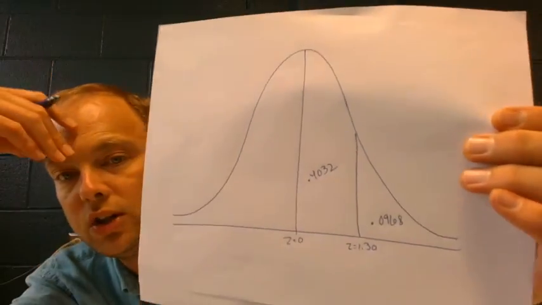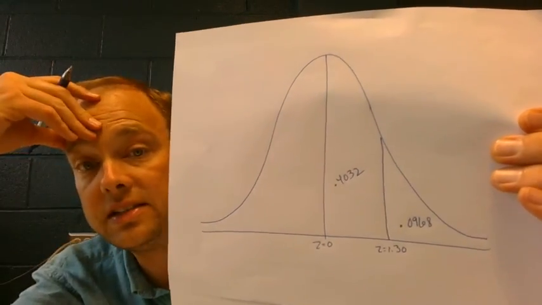So if I were to draw a picture of that, I'll draw the whole probability distribution. I just drew a bell-shaped curve. I'm going to put a z-score of 0 right in the middle because a z-score of 0 always goes in the middle. I'm going to put a z-score of 1.3 on the abscissa where it belongs, 0.4032 and 0.0968. That's what this picture would look like using the z-table.